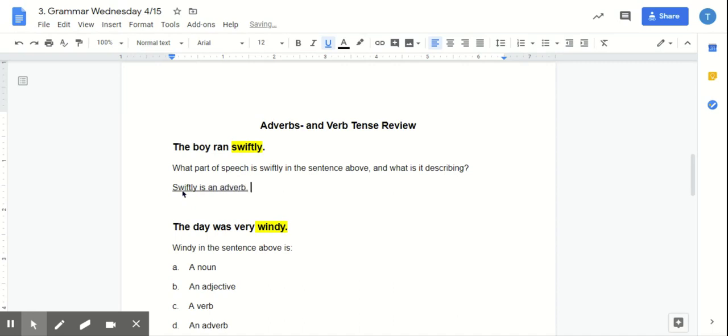Why is it an adverb? Exactly. So it is an adverb because it's describing the word ran or how the boy ran. So it is adding on to how he ran in this sentence. So I'm going to add that up here for the description for why this is an adverb and what it's providing more context to.